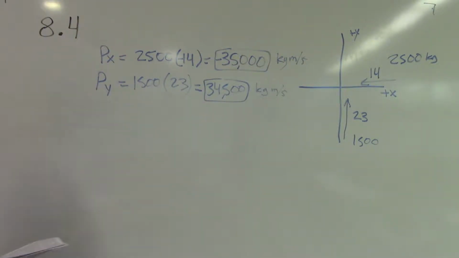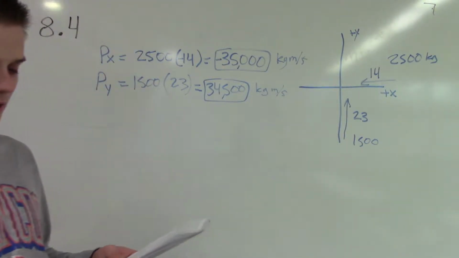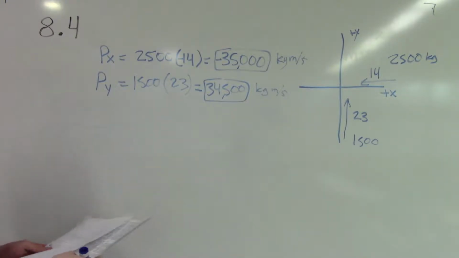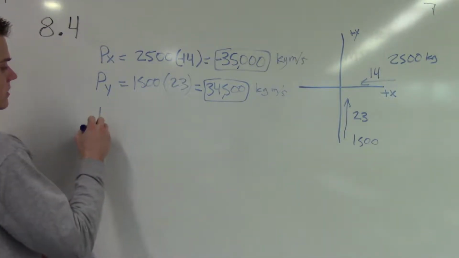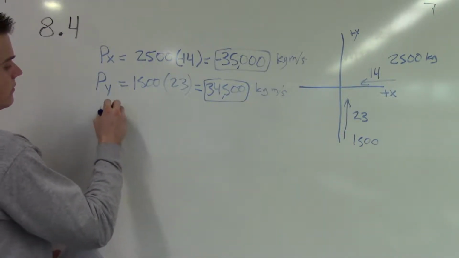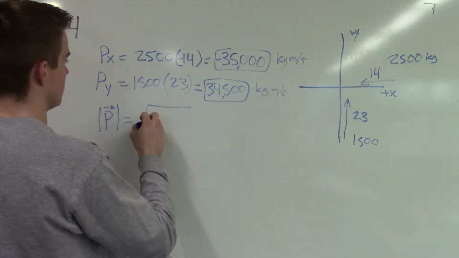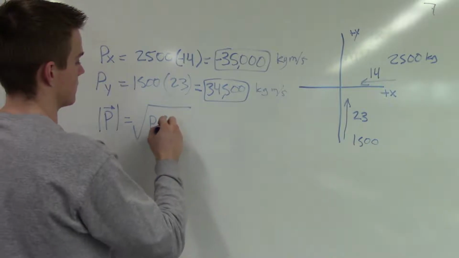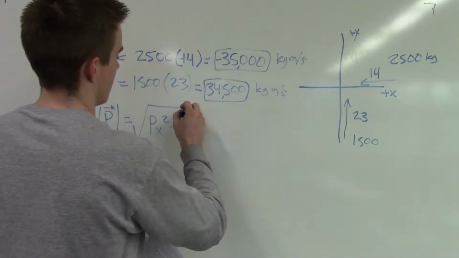Part B says, what are the magnitude and direction of the net momentum? So in order to find the magnitude of the net momentum, we're going to use this formula right here: p is equal to the square root of px squared plus py squared.